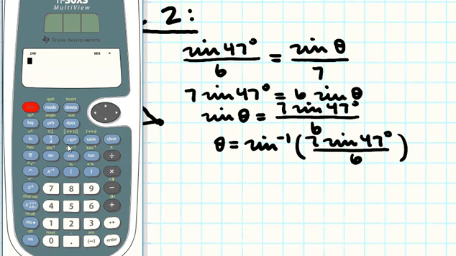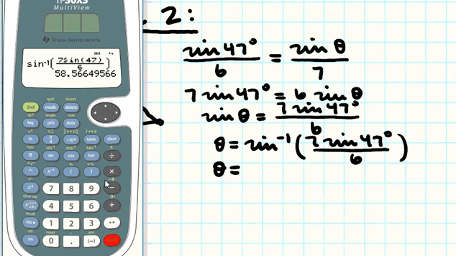I'm going to do inverse sine, then a fraction bar, 7 sine of 47 divided by 6, to get 58.566 degrees.